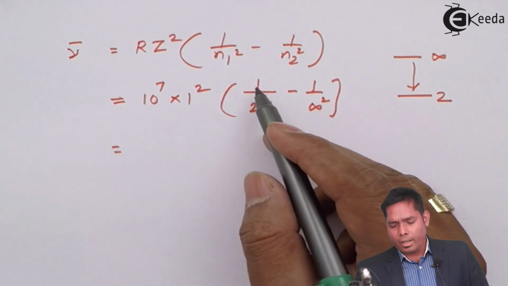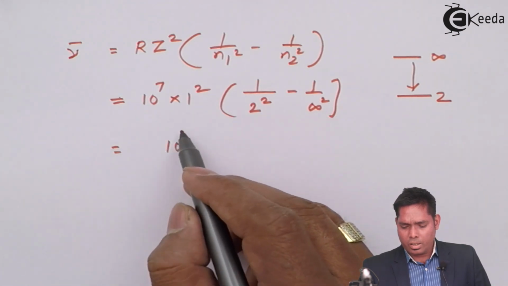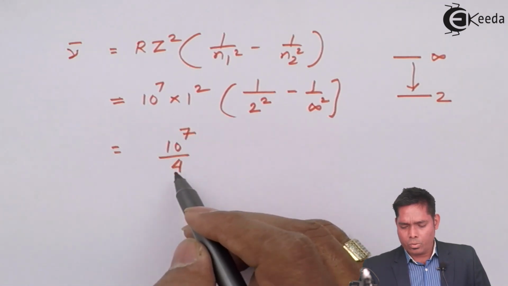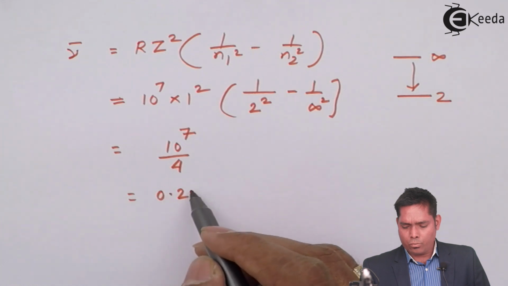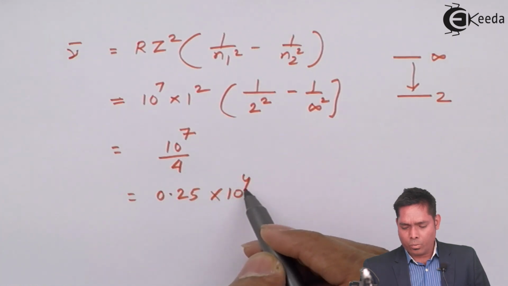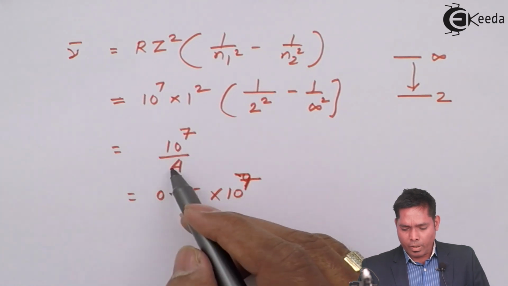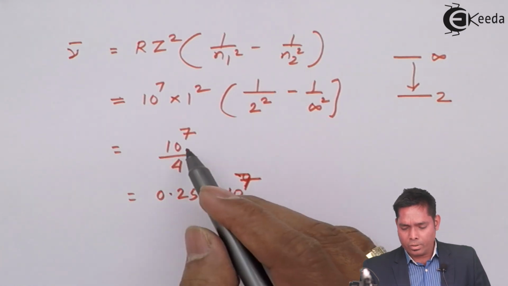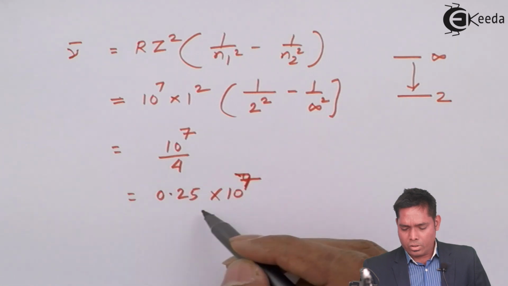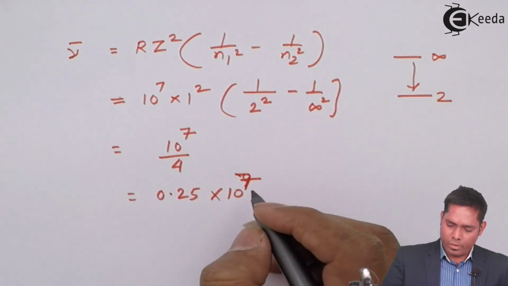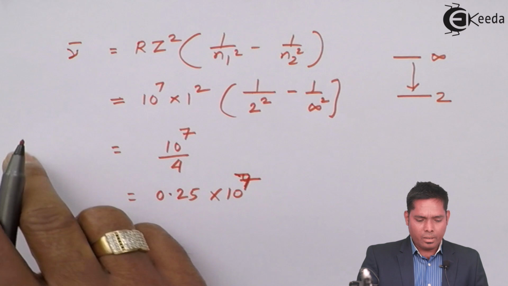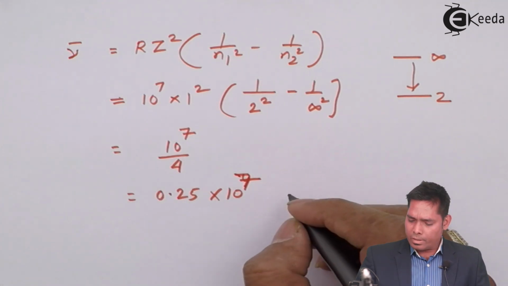This becomes 0 and this is 1 by 4, so it is 10 to the power 7 divided by 4, which is 0.25 into 10 to the power 7. This is the wave number we are getting here, and that is in meter inverse.